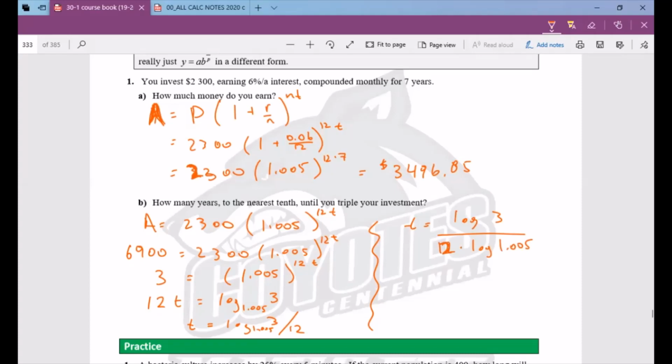Be careful when you do this calculation that you have brackets around this, and you end up with t is equal to 18.35. It asks how many years to the nearest tenth, so t is equal to 18.4 years.